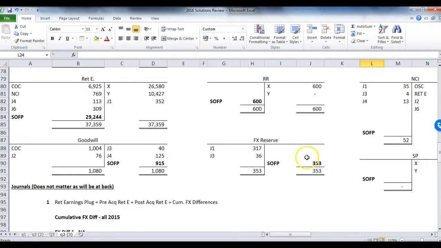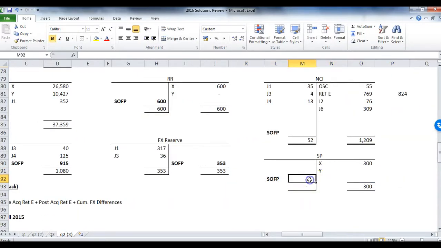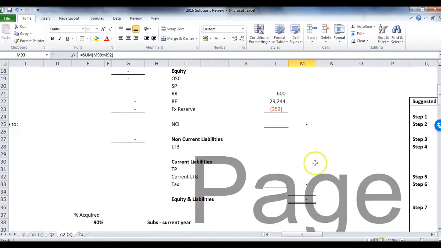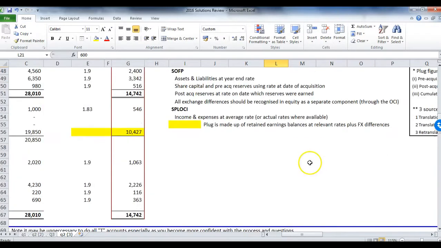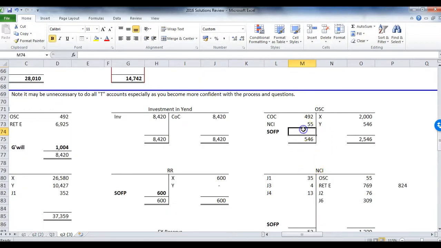You can see it's fairly quick once you get all the accounts done. Share premium remains at 300 because you don't have anything from the subsidiary. Ordinary share capital should remain at 2 million, which again makes sense because you should never have any share capital of the subsidiary left.